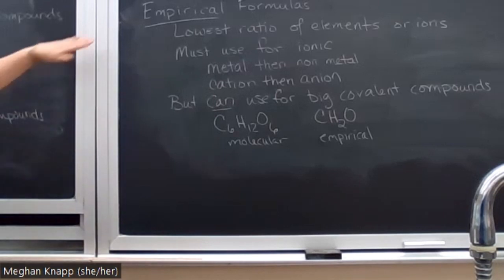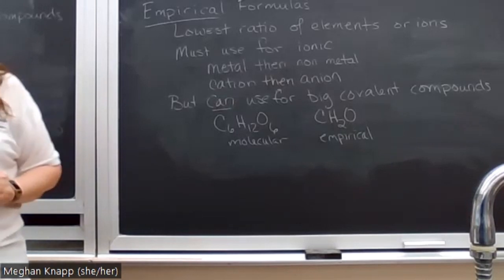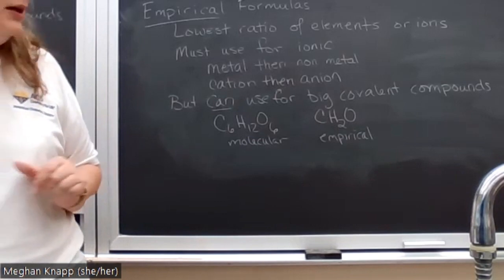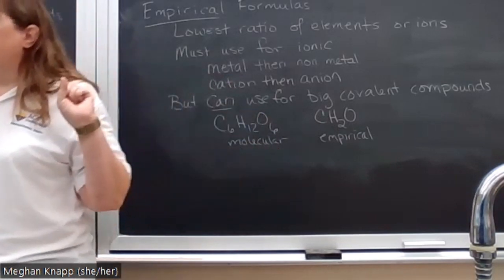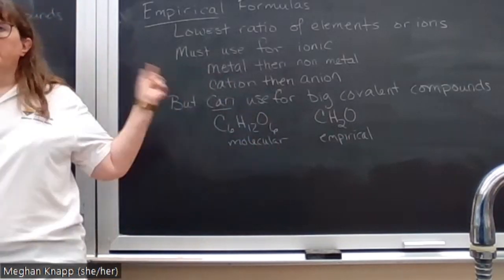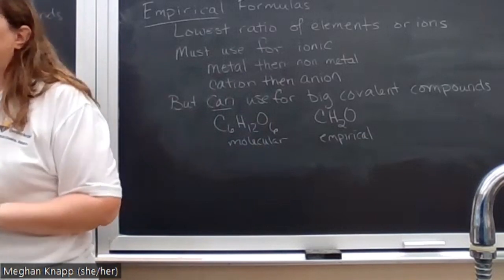So this is why it's called empirical. Empirical means testing. We can do a test to determine those ratios, and that's a lot easier and cheaper than figuring out what the individual molecules look like. All right. Questions about the difference between molecular formulas and empirical formulas?